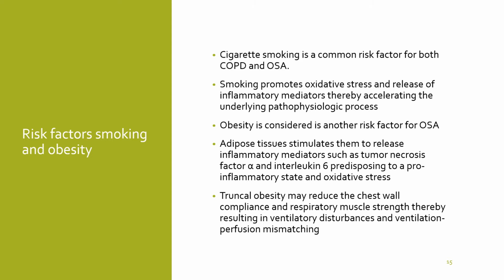So truncal obesity is another risk factor that can impact chest wall compliance and muscle respiratory strength, thereby resulting in ventilatory disturbances. And again, this will cause more problems with overlap syndrome. So obesity, cigarette smoking, they're harmful in themselves, but in combination, they're the worst thing you could ever do.